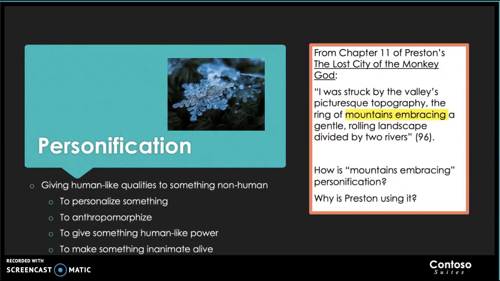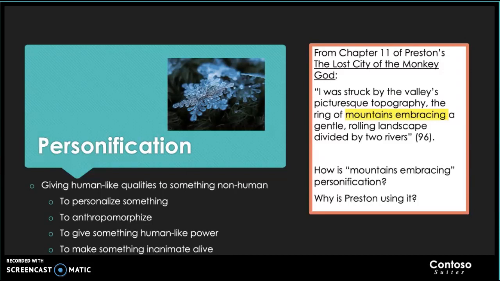Okay, so here's the next one, personification. Personification is giving human-like qualities to something that's not human at all. So it's to personalize something, it's to give it human-like power, and it's just to make something inanimate alive. So here is a perfect example of personification.